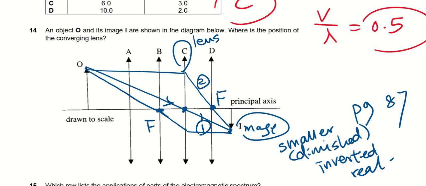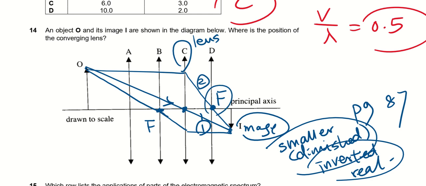Not all the time, the shape of this looks like a parallelogram. Not all the time. Okay, so there are a few concepts that you need to know for lens. Inverted, real, the size, optical center, principal axis, focal point, and if you can, know how to draw ray 1, 2, and 3. Okay?